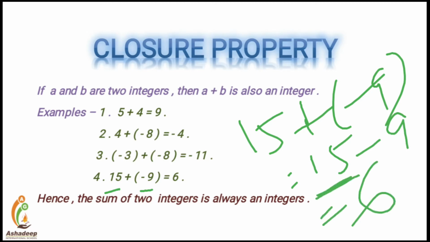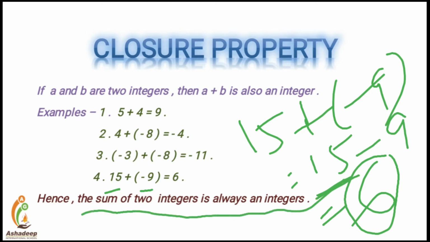Why? Because 15 is bigger number and it possesses positive sign. So the number will also be positive integer. Clear? So here we can say that according to the closure property, the sum of two integers is always an integer, or we can say that integers are closed under addition.